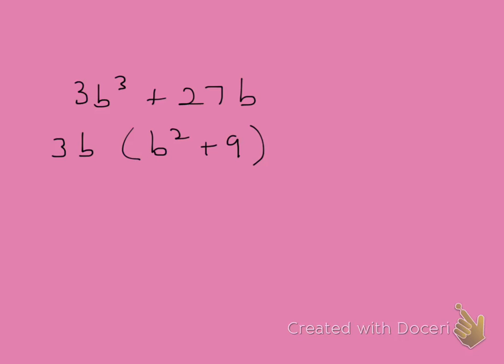Can I factor this part out? Can I find factors of positive 9 that add to 0? 3 times 3 is 9, negative 3 times negative 3 is 9, but they add to 6 and negative 6. It can't go any further because this isn't a subtraction sign. If this was negative 9, then I could. So this is all I can go to.